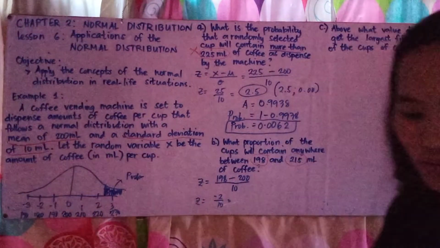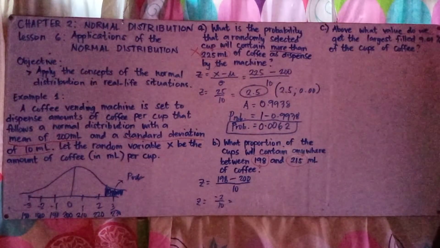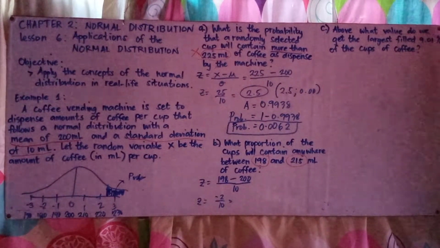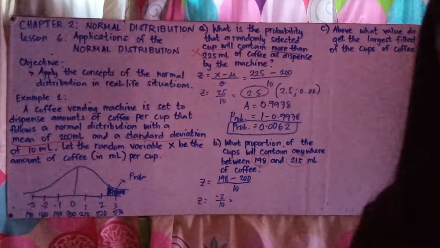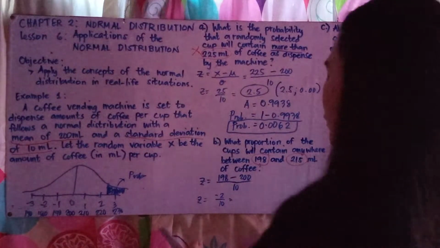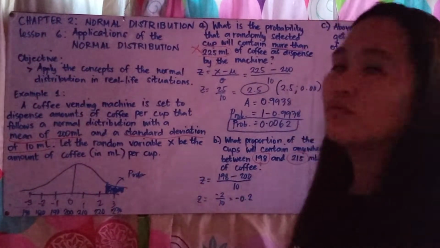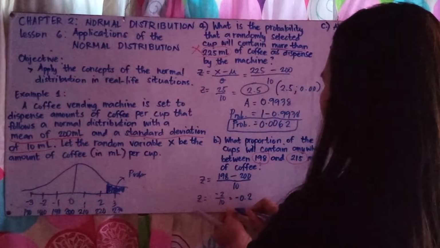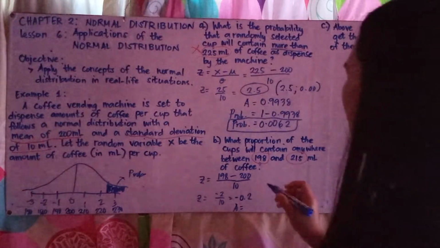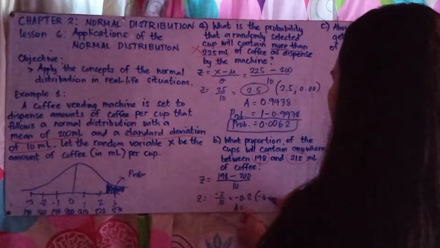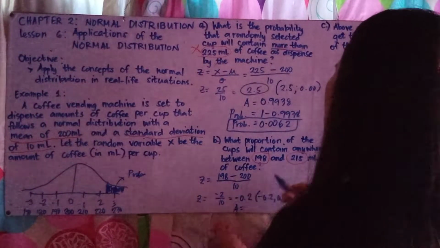Negative 2 divided by 10, the result will be negative 0.2. Now we will find the area for negative 0.2, at row negative 0.2 and column 0.00.